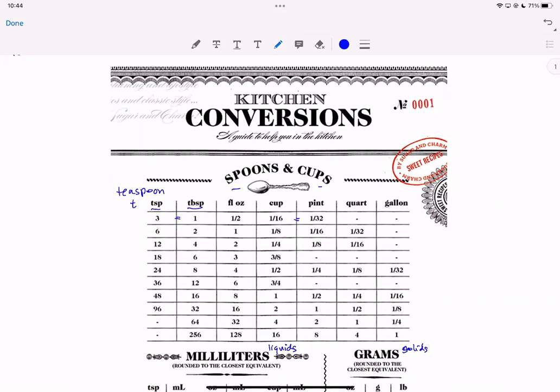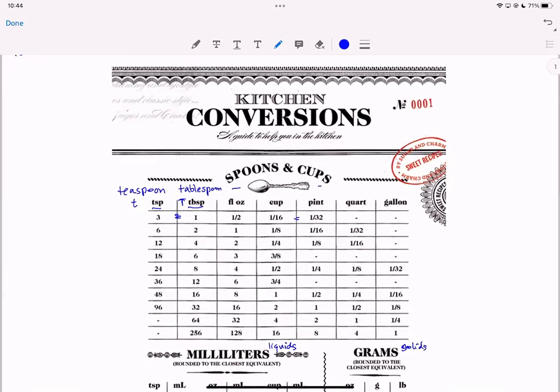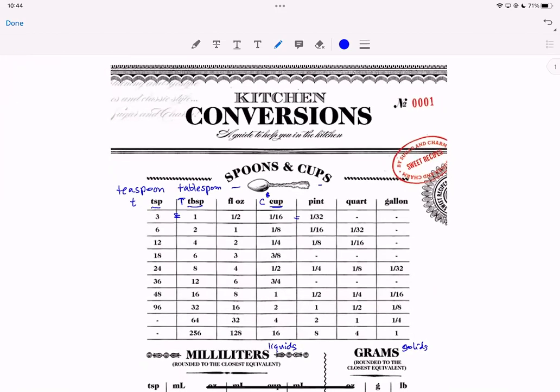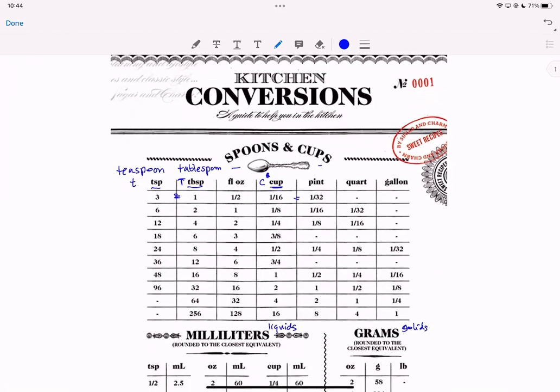That's usually a lowercase t versus an uppercase T. That's a tablespoon. And so you can see that 3 teaspoons fit into 1 tablespoon. Okay. And so those are your most common tablespoons and cups. This is a cup. Okay. So this is the most common measurement in my own kitchen too.